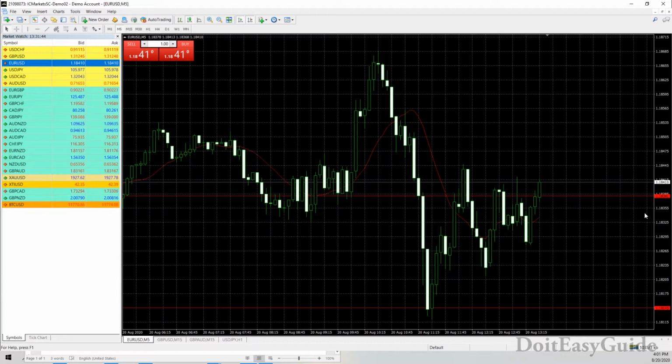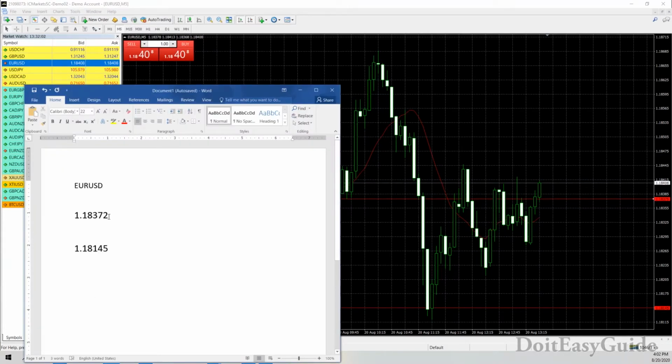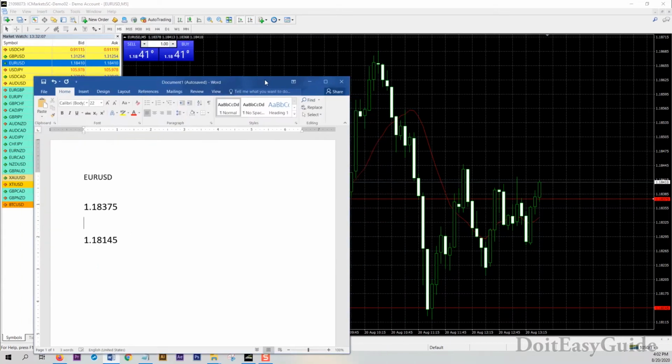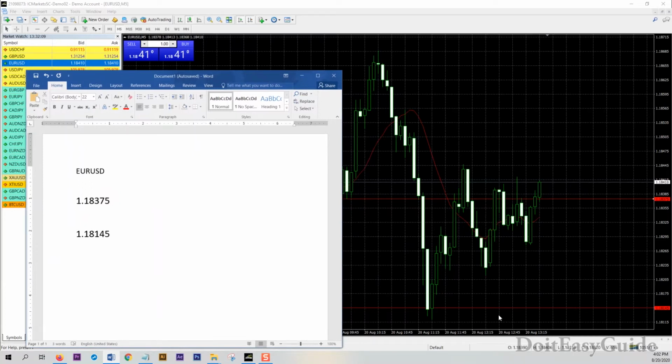So I'm going to place it at 1.18375. Okay, so what happened when the price came from here to here? Now this pair is Euro USD.